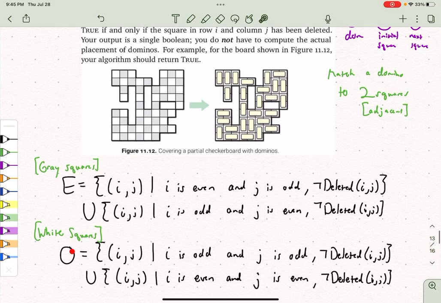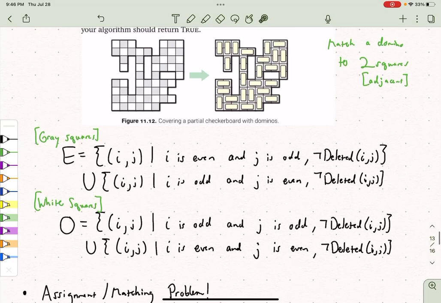And similarly, we can define O to be the white squares, so that i is odd and j is odd, or i is even and j is even. So we can create these mathematical definitions of the sets E and O, and we can construct these efficiently because we can just loop through each possible square in n squared time and check: is my current i even, my current j odd, and is this array entry true or false? So we can construct both of these sets in O of n squared time.